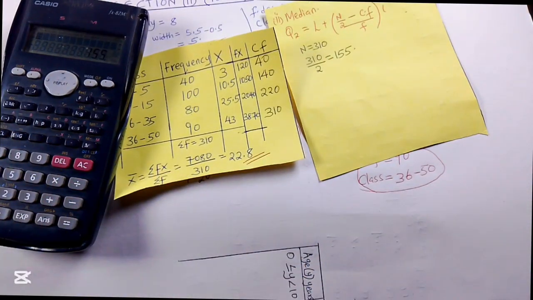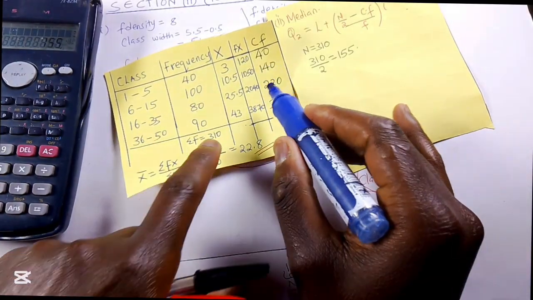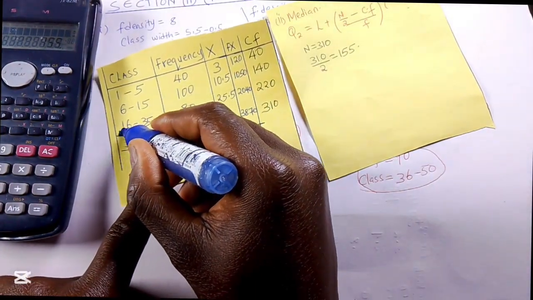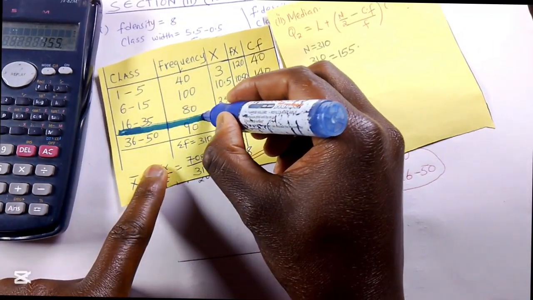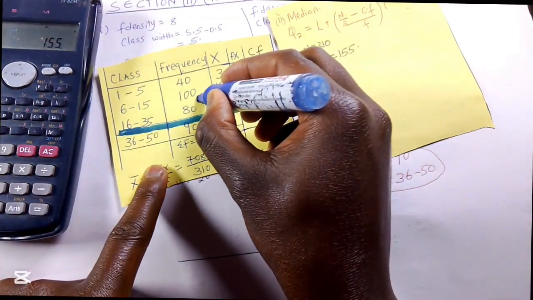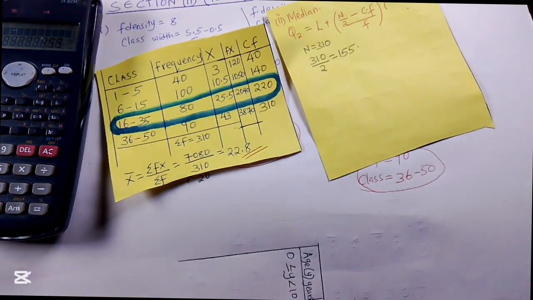In this case, this is 140, so we will take the one with 220 greater than 155. So we can circle this one. We will use that as our median class.